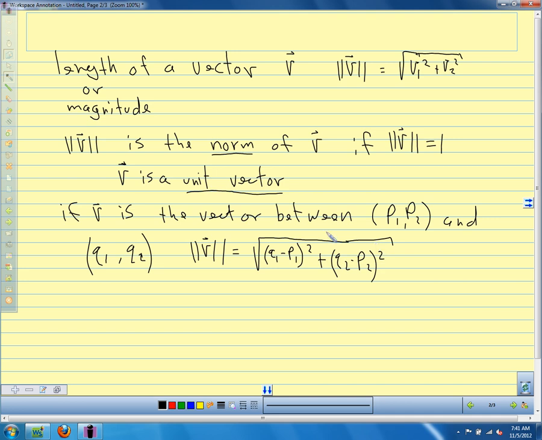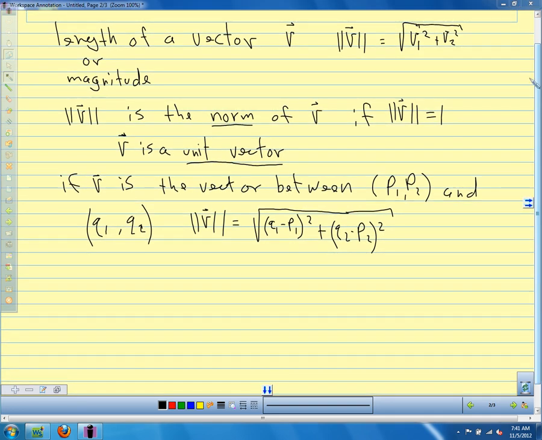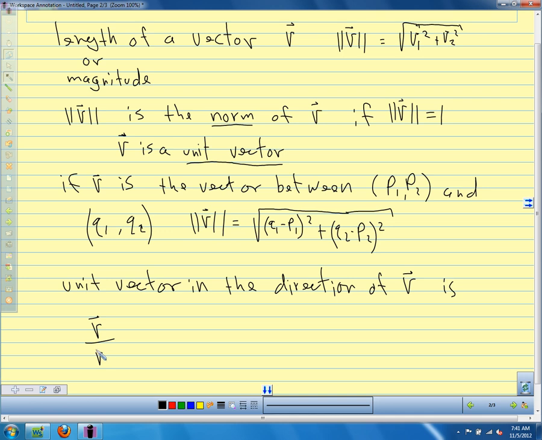If we want to find a unit vector in the direction of v, that's going to be something that's important that we'll use very often, especially second semester. So we want a unit vector in the direction of v, we just divide by its length, v over the length of v.